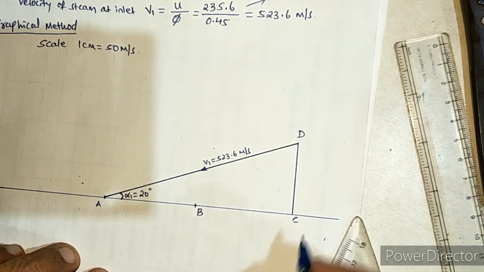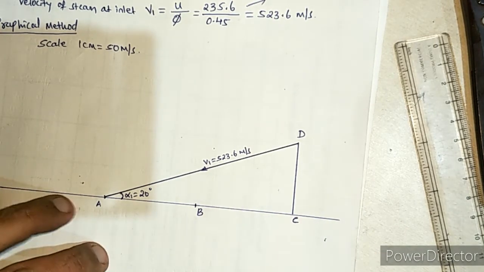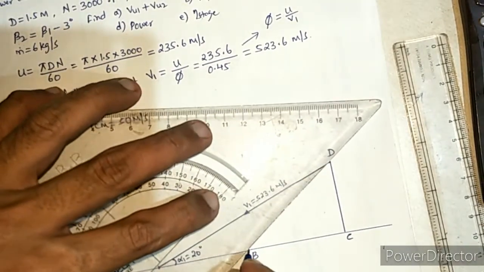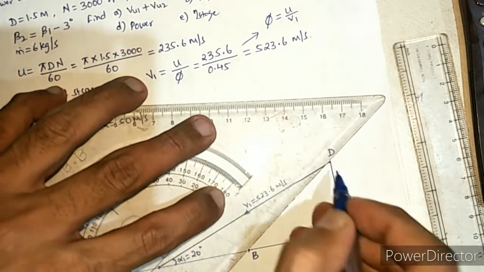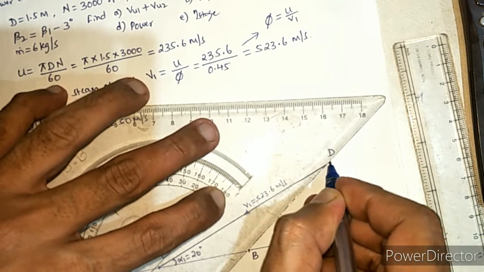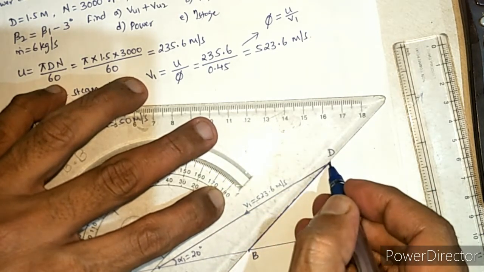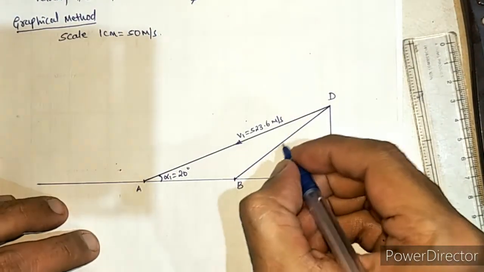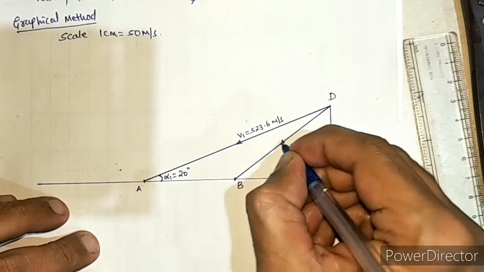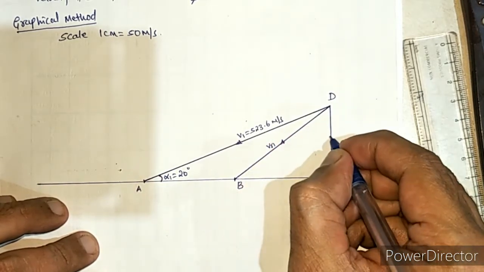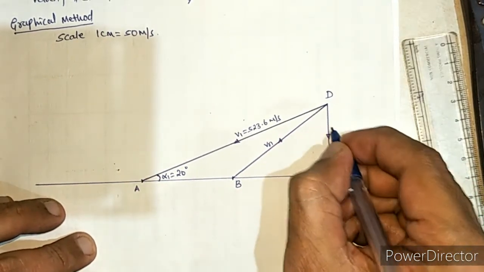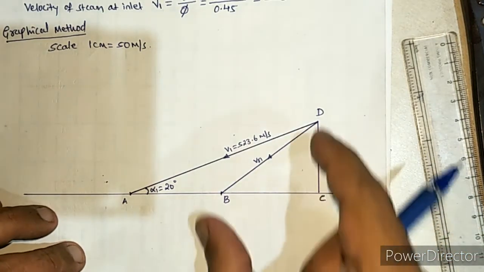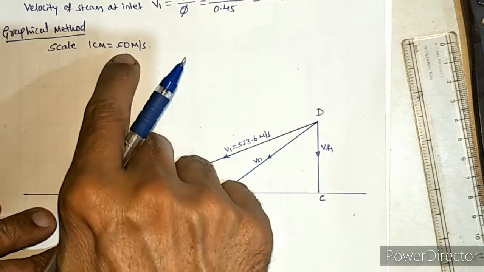This is point C. So now I am going to join B and D. So this is VR1 and this is VF1.